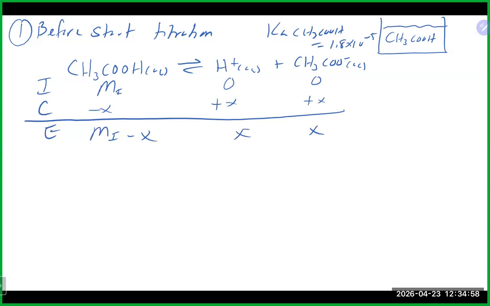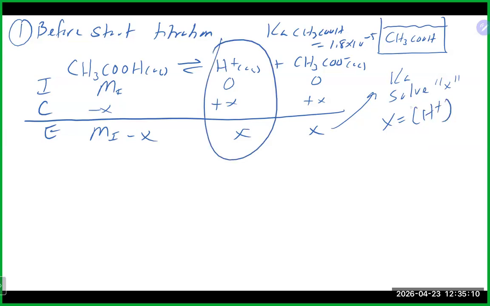Just like normal, we would then go into our Ka expression, solve for X, and X in this case does equal the H plus concentration, as you can see. And obviously at that point, we can then go into our pH formula to calculate.